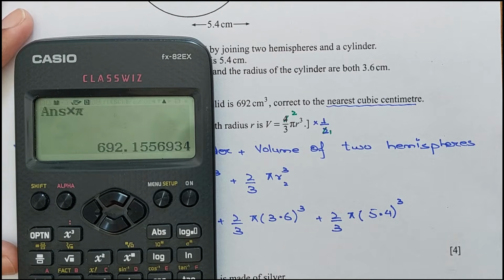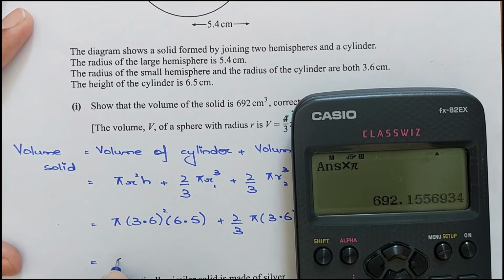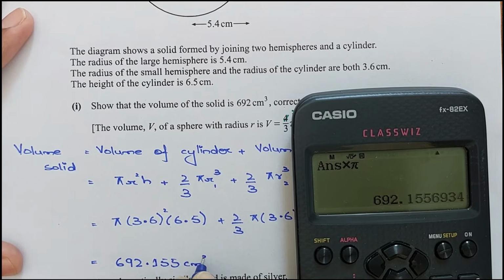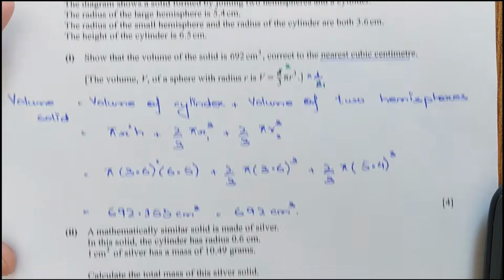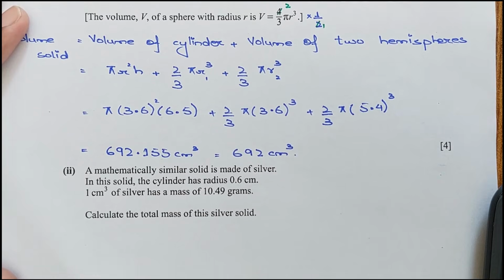So that is 692.155 centimeter cubed. We have to find the answer correct to the nearest cubic centimeter, so this is just 692 centimeter cubed.